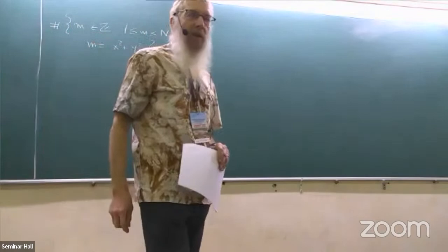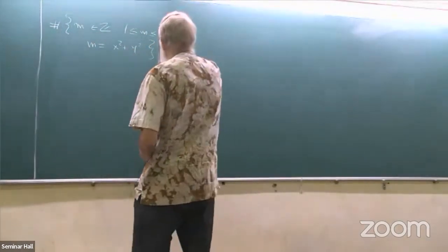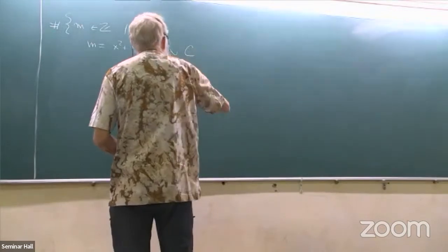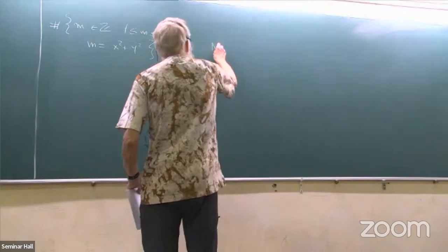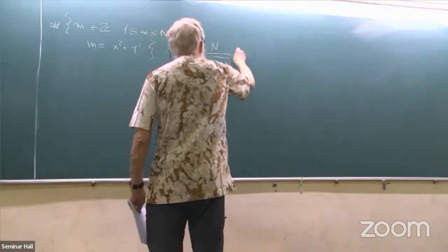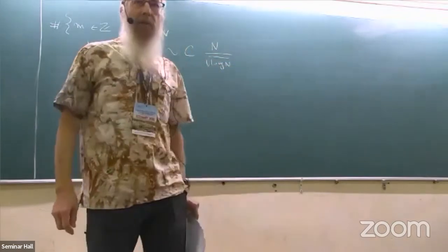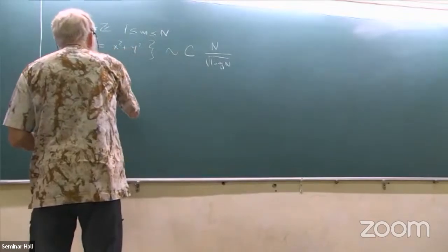And the Landau-Ramanujan constant gives you an estimate for this number. When n tends to infinity, it is equivalent to a certain constant, which is the Landau-Ramanujan constant, times n divided by the square root of log n. So this constant has a precise definition in terms of an Eulerian product.